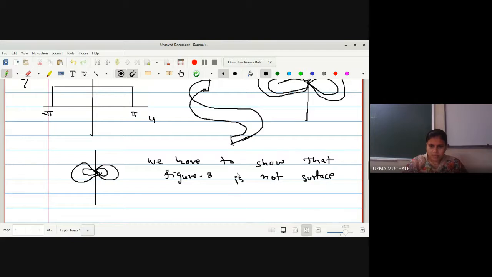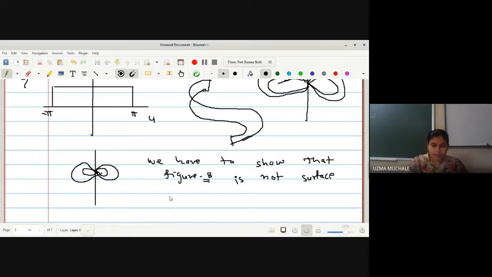Okay, that figure 8, the number 8 that is visible after we convert the rectangular strip, is not a surface. We have to show it. For that, let me start with the proof. What do we have to do? First we have to define a mapping.